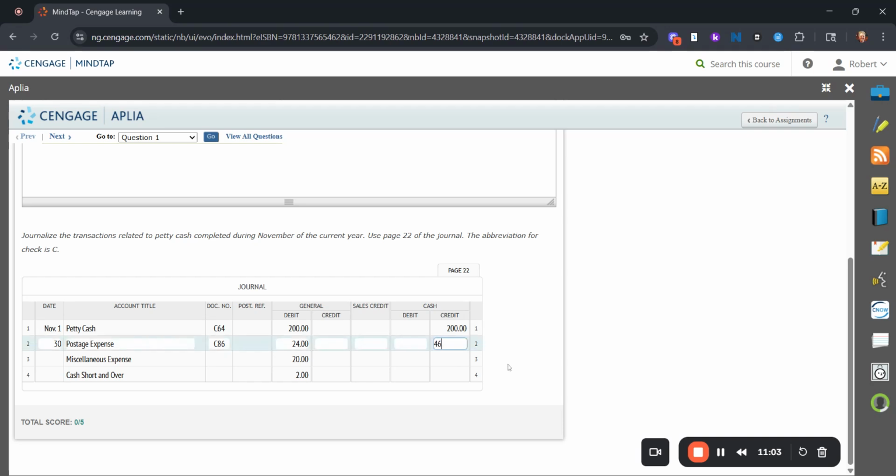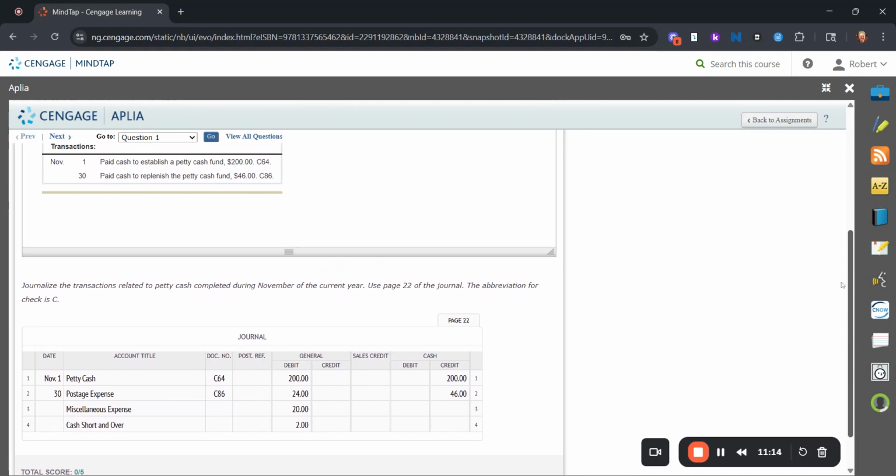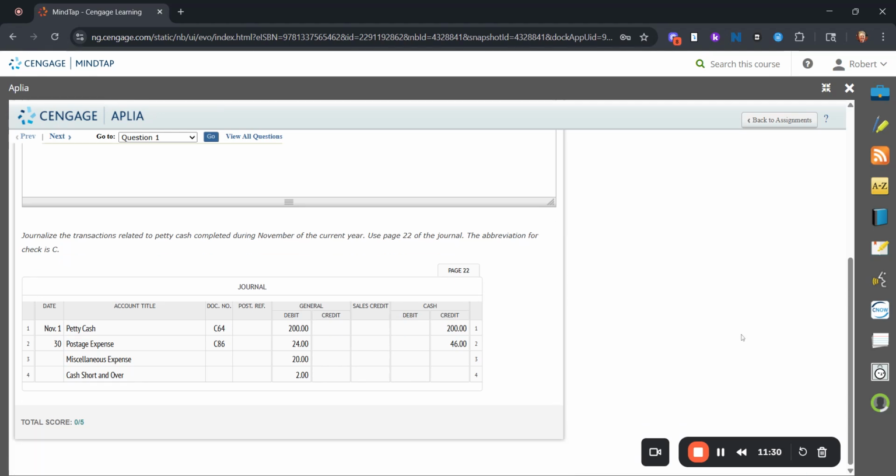And that check was for $46. Which was up here, and it's what all three of these expenses come out to be, $46. So that is the 5-4 work together.